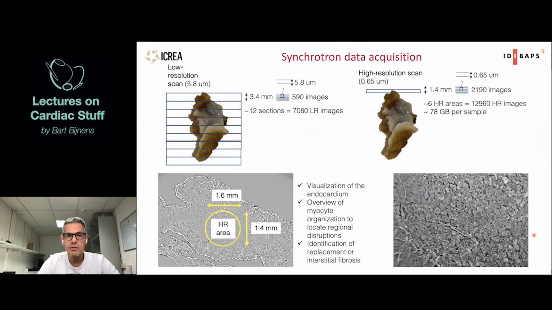And so here you see some examples. Let me say how this was done. We acquired the data using synchrotron phase contrast imaging, so X-ray phase contrast imaging, at medium resolution and at very high resolution, where you can really see the individual cells.